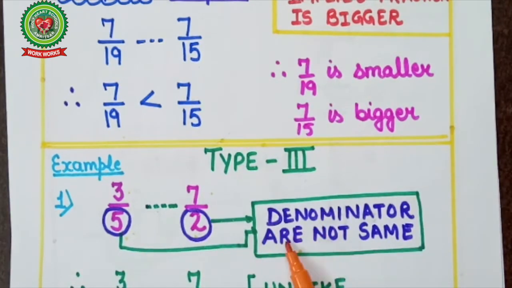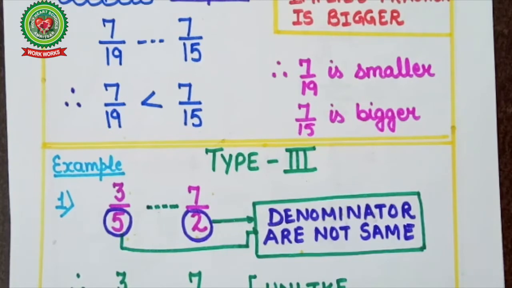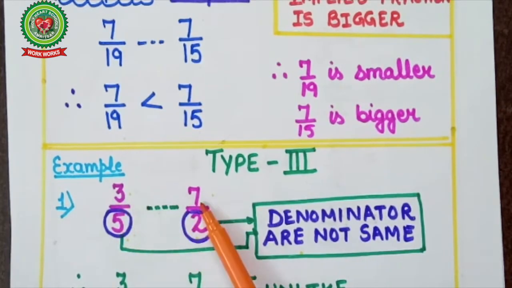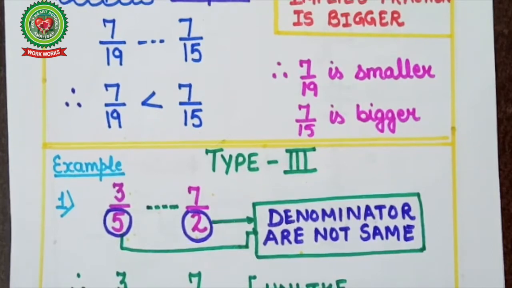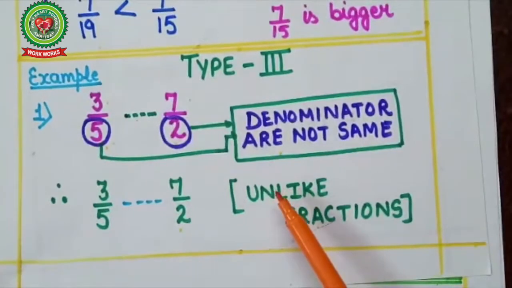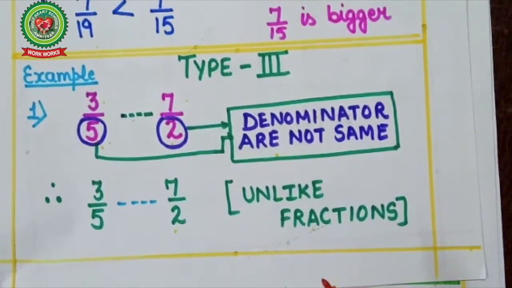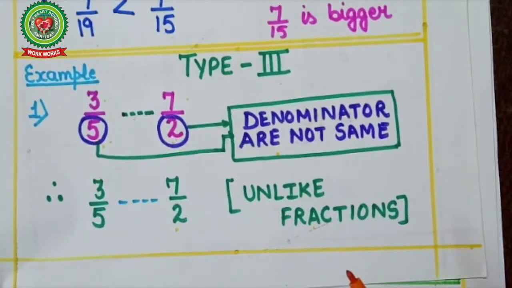So denominators are not same. So if denominators are not same, then we will check the numerators. Here numerators are also not same. Therefore, these two are unlike fractions. So, how can we compare unlike fractions?